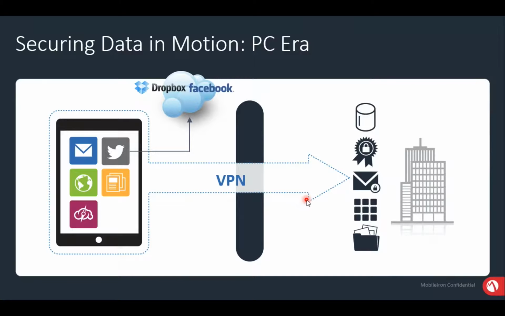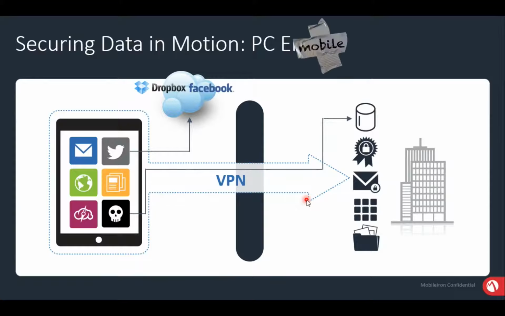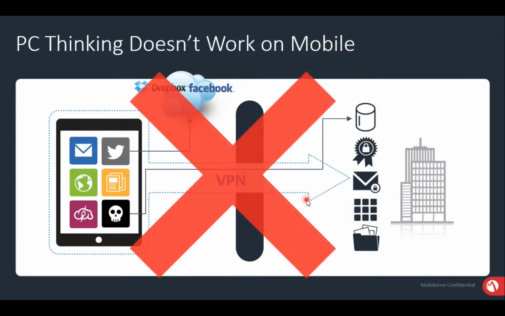You need to differentiate which traffic goes to the VPN and which traffic goes to the internet. There are also malicious applications which might try to connect to the internet at the same time, and might also connect to your backend resources. So the admin has to have more control to have secure access to the backend resources.